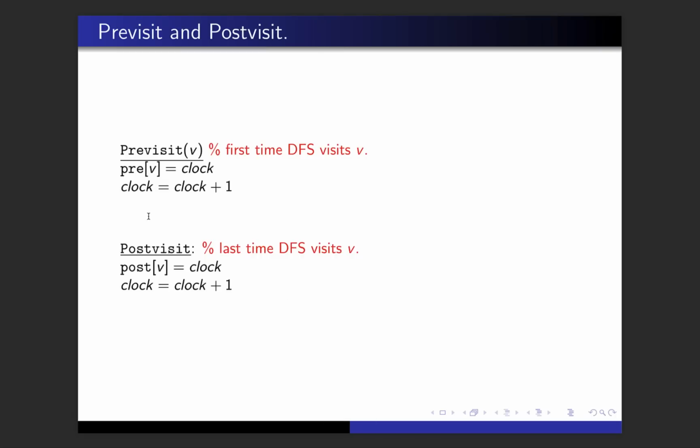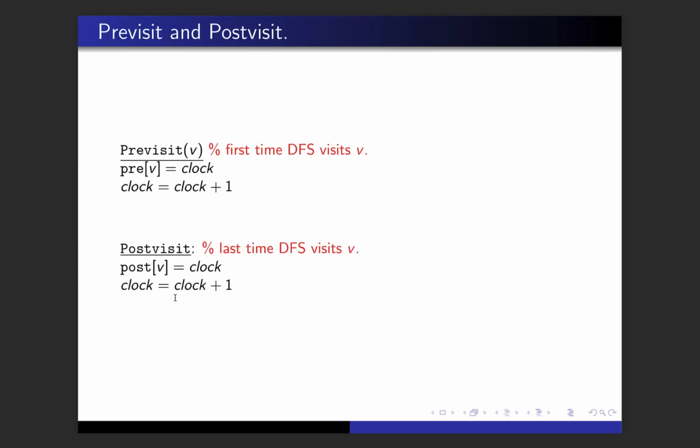Now, how can we do this? Well, simply in the pre-visit of vertex V, we set a label, using the notation pre of V, to be the current value of the clock, and immediately after that we update the clock. And when we visit that vertex for the last time, when we close the explore procedure of that vertex, we set a post label to be equal to the current value of the clock, and then we update the clock one more time.